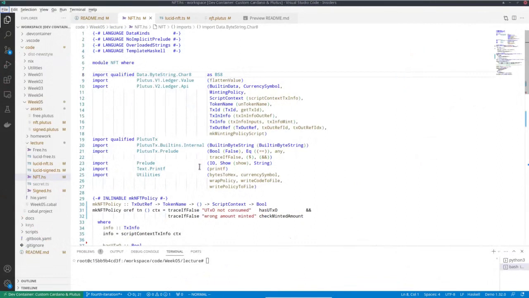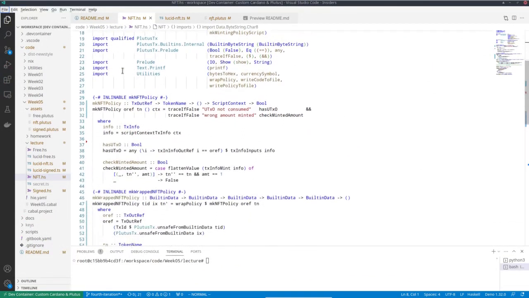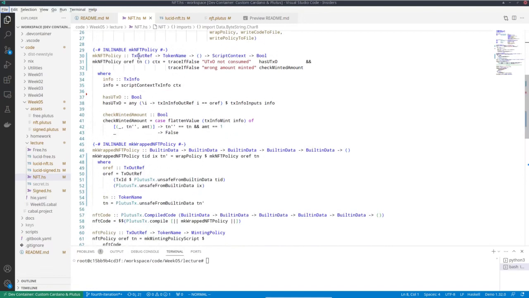In order to demonstrate that, let's look at the last example for today's lecture in module NFT. So now our script will be parameterized by two parameters, the token name and a TX outref.